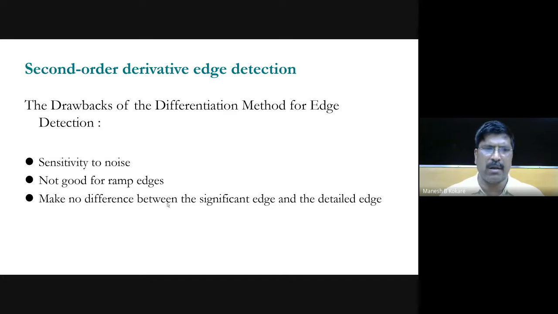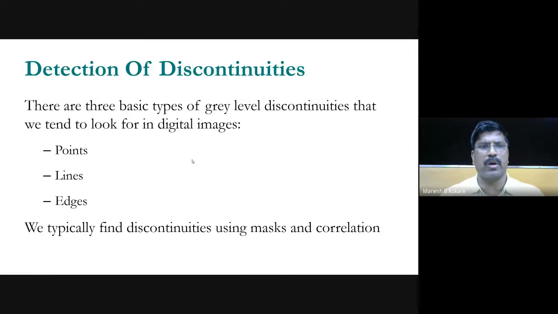So that we'll see. But before that, let me quickly review how to detect lines or points. Detection of discontinuities: you know that there are three basic types of gray level discontinuities that we tend to look for in a digital image, whether there is a point discontinuity, a line discontinuity, or an edge discontinuity.